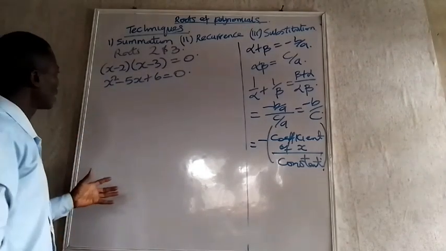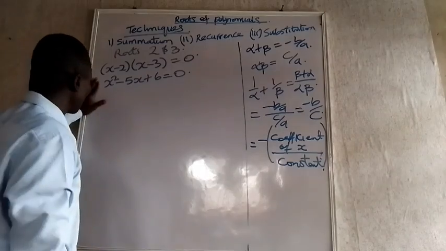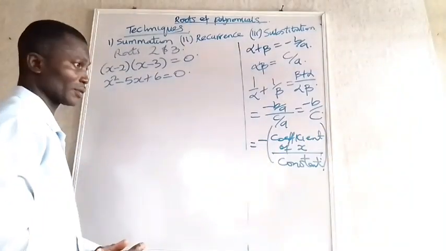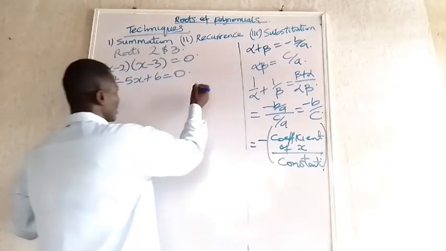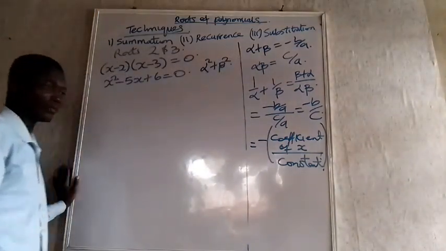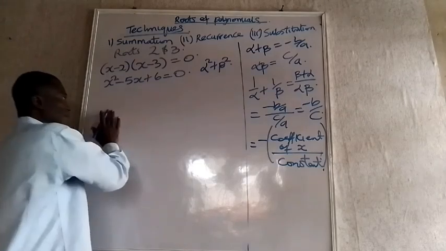Now, let's look at finding the sum of squares of the roots. We want to find alpha squared plus beta squared. It's very easy now.